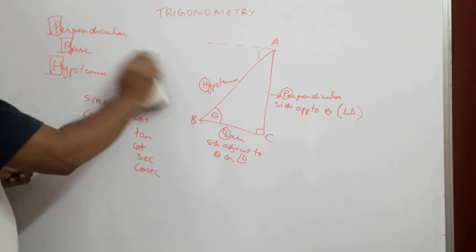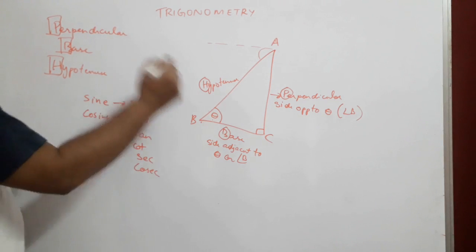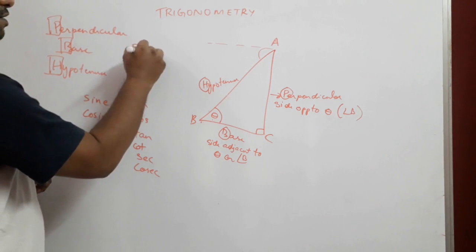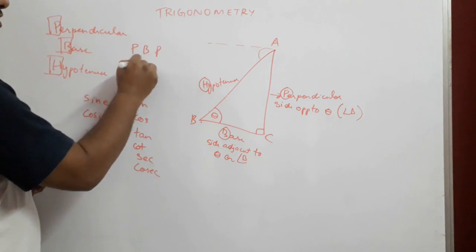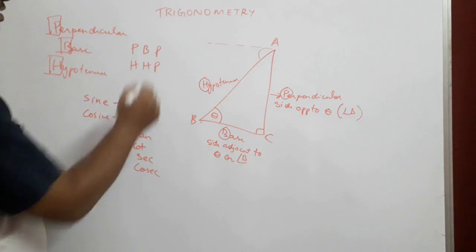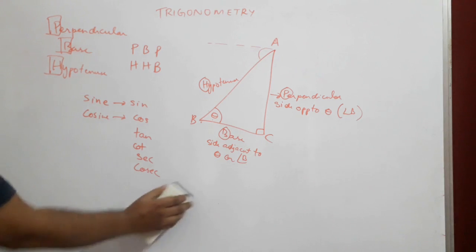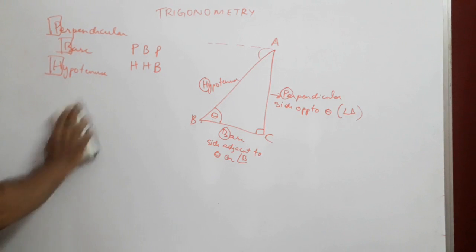So what is that mantra? So that mantra is this: P B P H H B. Now you may say, what is P B P H H B? Now we'll have a look at what is P B P, and for a moment I'll just erase this part.